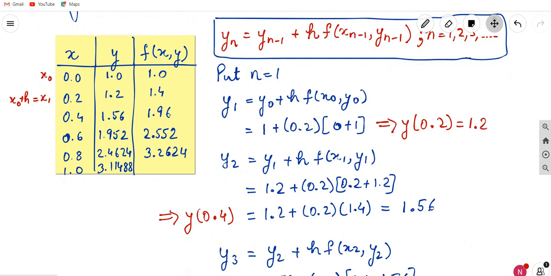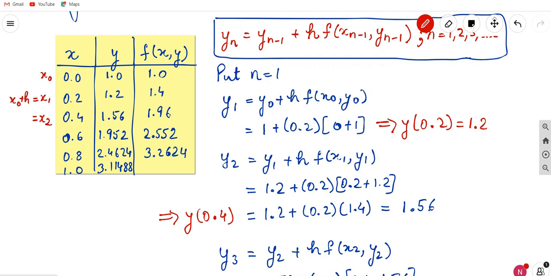Now, y1 is 1.2, we have already calculated. h is 0.2, f of x1, y1 would be 0.2 plus 1.2. So in this way, I would calculate my next value, that is y2 in this table, which is coming out to be 1.56.